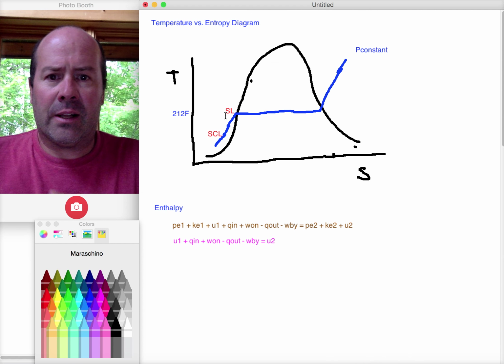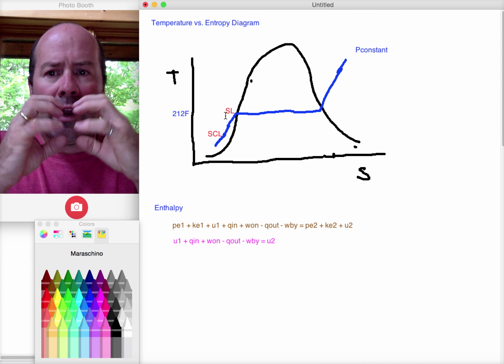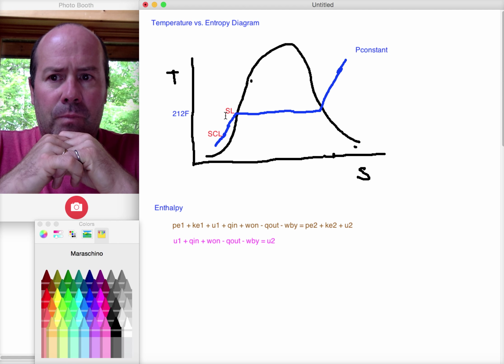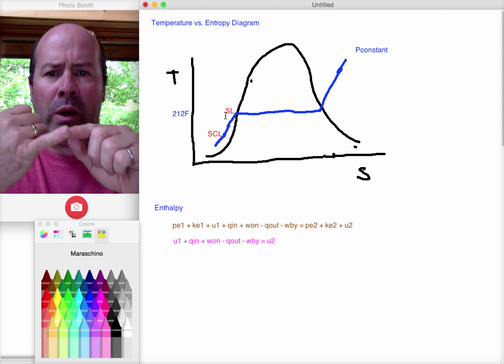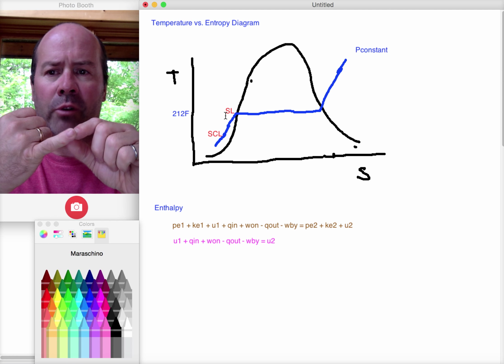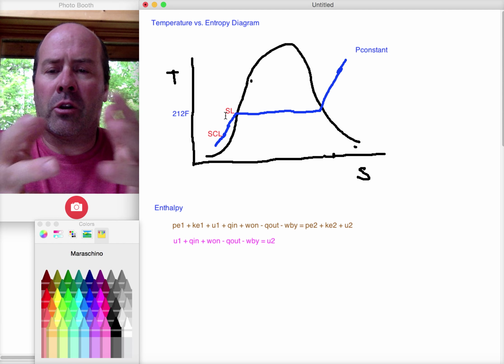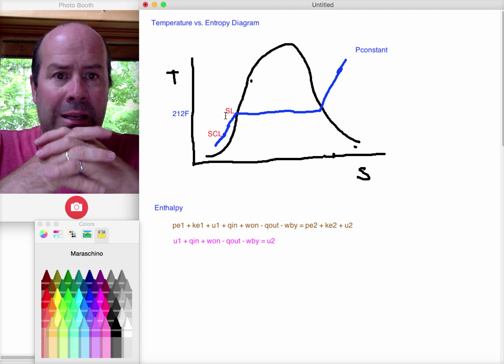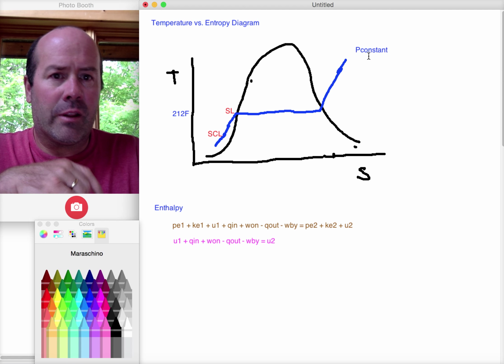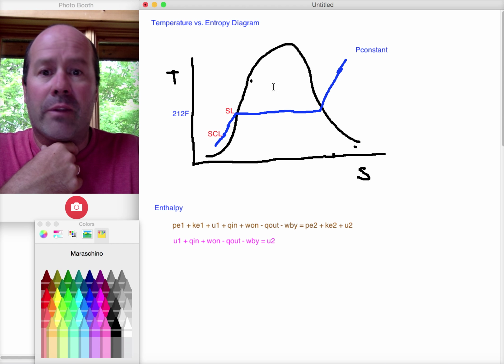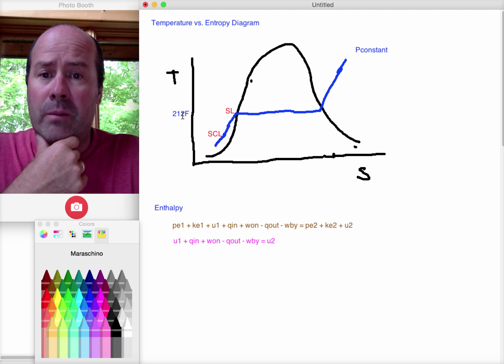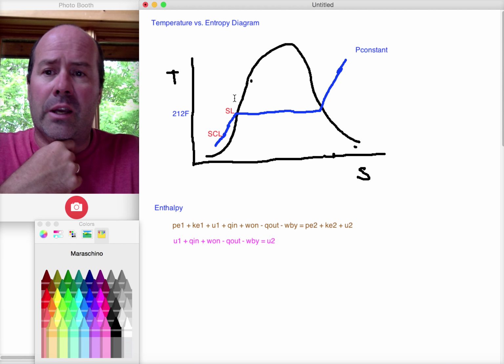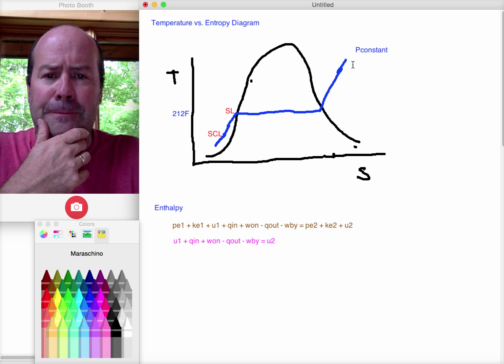A saturated liquid is 100% liquid, but it's at the boiling point, 212 degrees, for your given pressure, and our given pressure is 14.7. If our pressure is different than 14.7, then we'll have a different boiling point than 212, and we'll talk a little bit more about that in class.